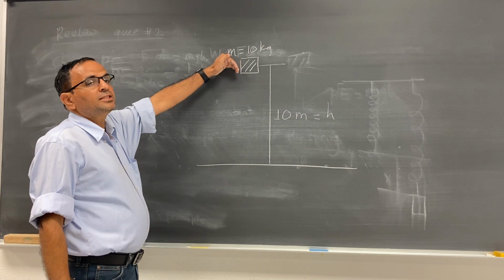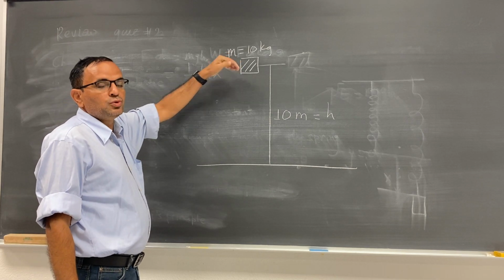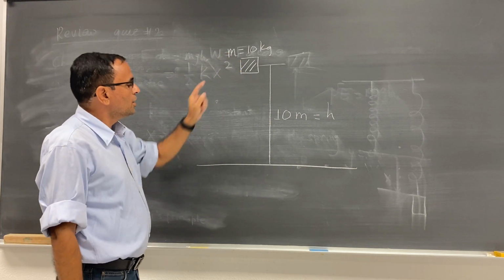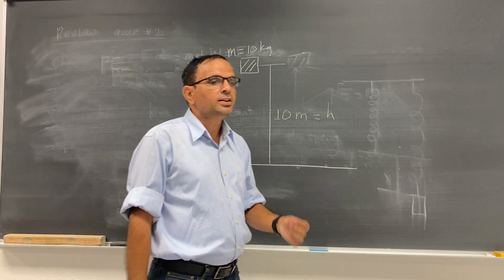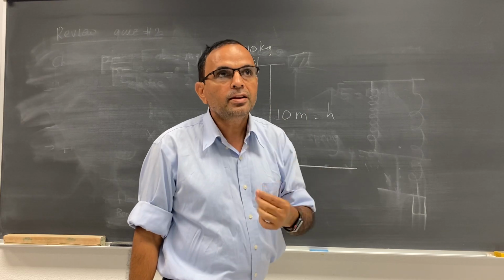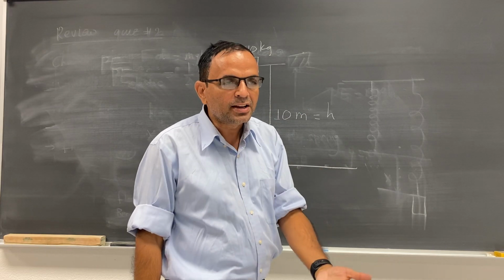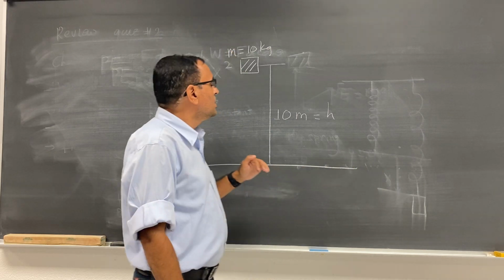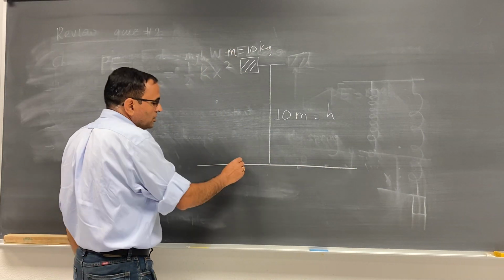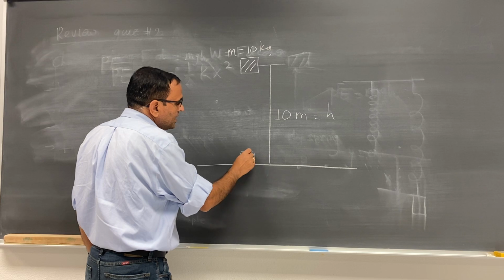If you release the object from here, what is the kinetic energy before hitting the ground? Before hitting the ground means very, very close to the ground, because after hitting it comes to rest. Heat energy produced is a different story. So right here, what is the kinetic energy?